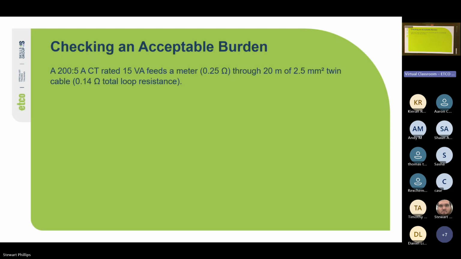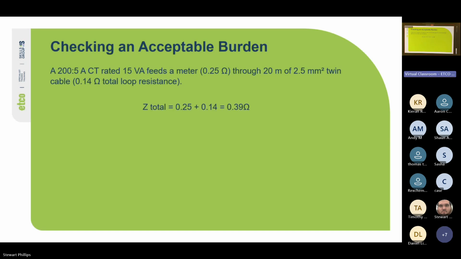Cool. So now we check if we have an acceptable burden. We have a 200 to 5 amp CT rated at 15 VA, and it feeds a meter of 0.25 ohms through 20 meters of 2.5 twin cable with a 0.14 total loop impedance.